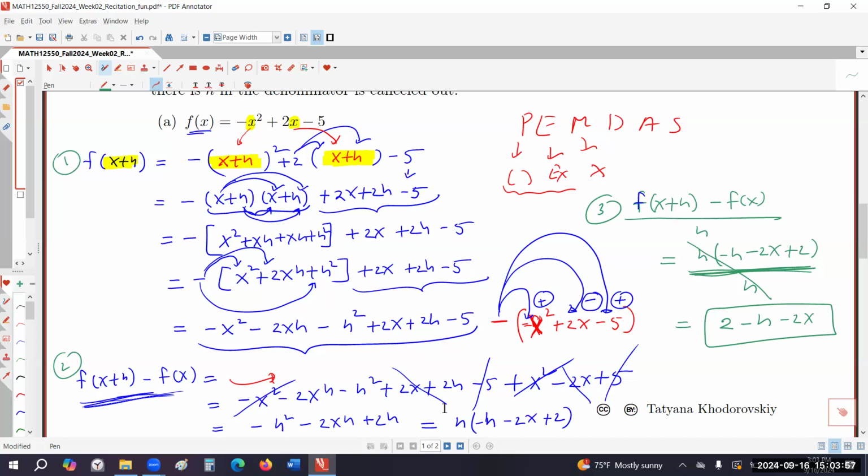Can the numerator be equal to zero? And then see which part of the number line is the function.